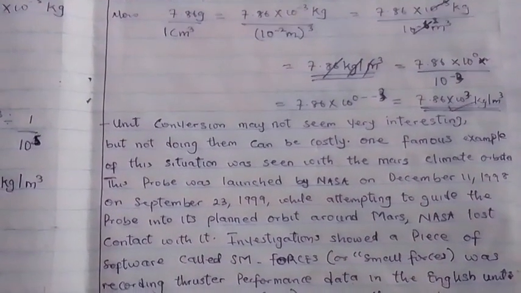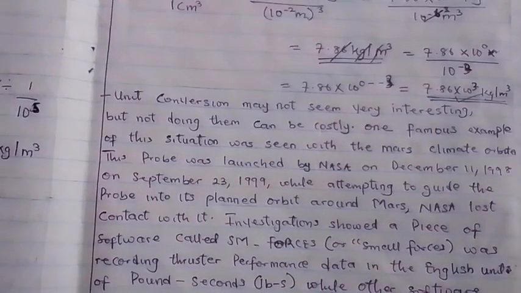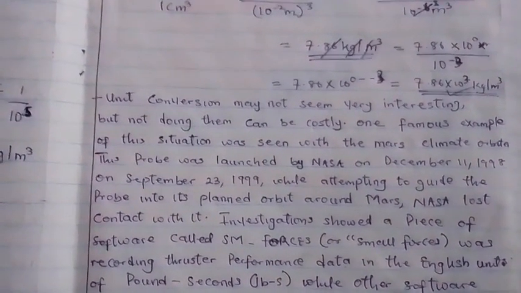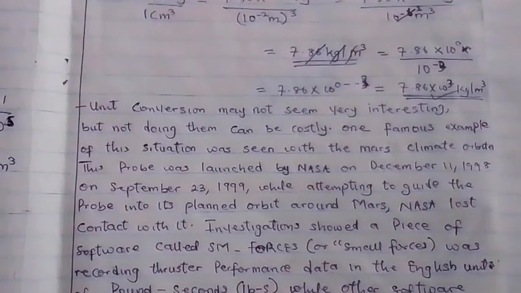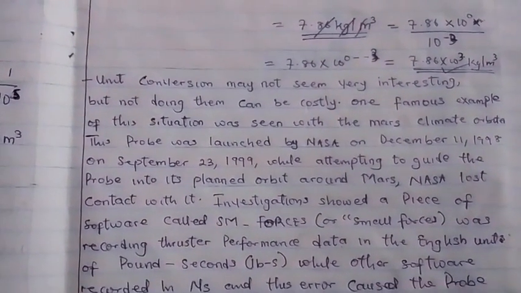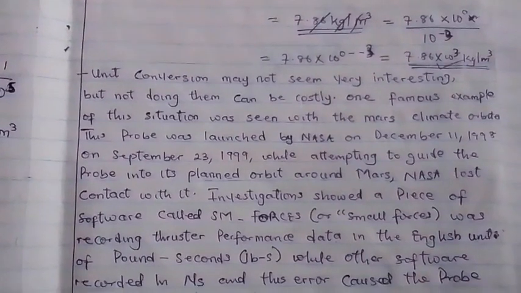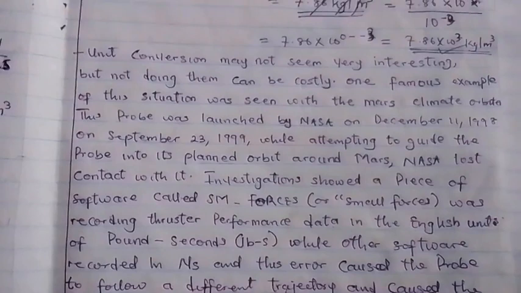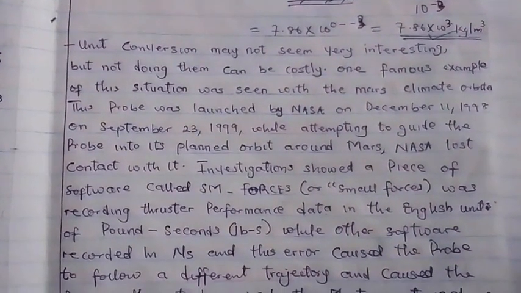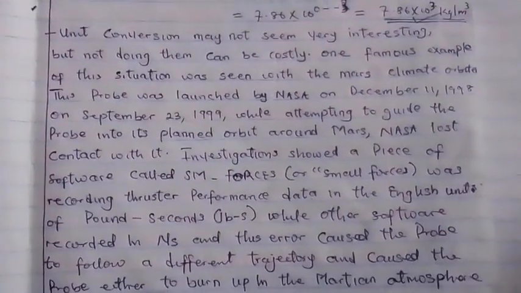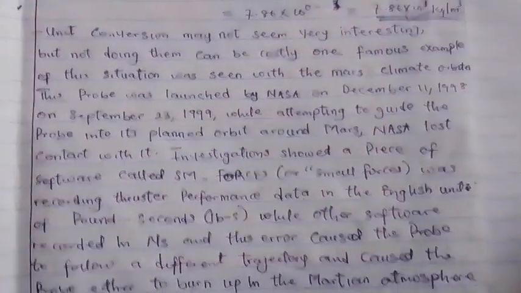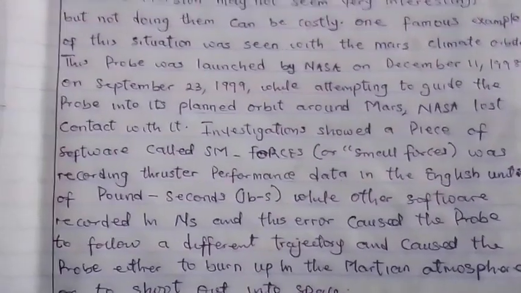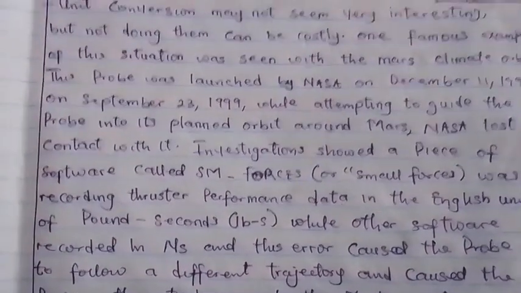On investigation, they discovered that a software called Small Forces was recording the thruster performance data in English unit, pound seconds. Another software was recording in Newton seconds, and this led to error and caused the probe to follow a different trajectory, either to burn up in the Martian atmosphere or to shoot out into space. Because of this, millions of dollars were lost.